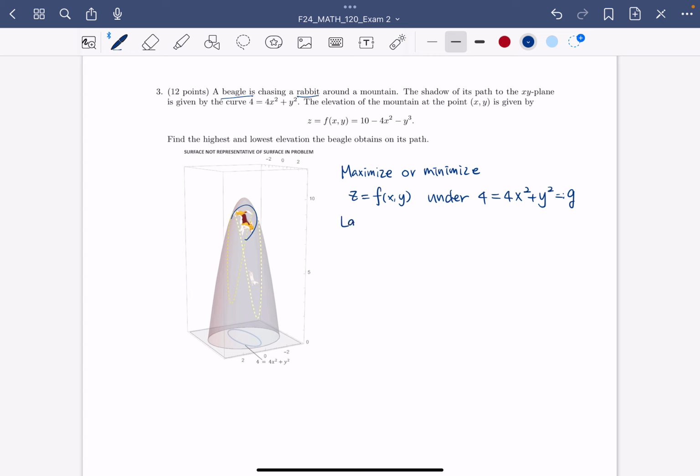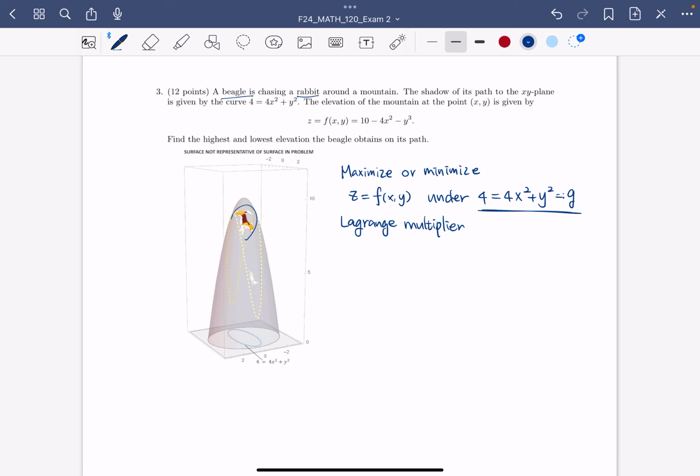If we formulate it in this terminology, we can see we could utilize Lagrange multipliers for this problem: maximize or minimize a certain function under a restriction like g equals some constant.